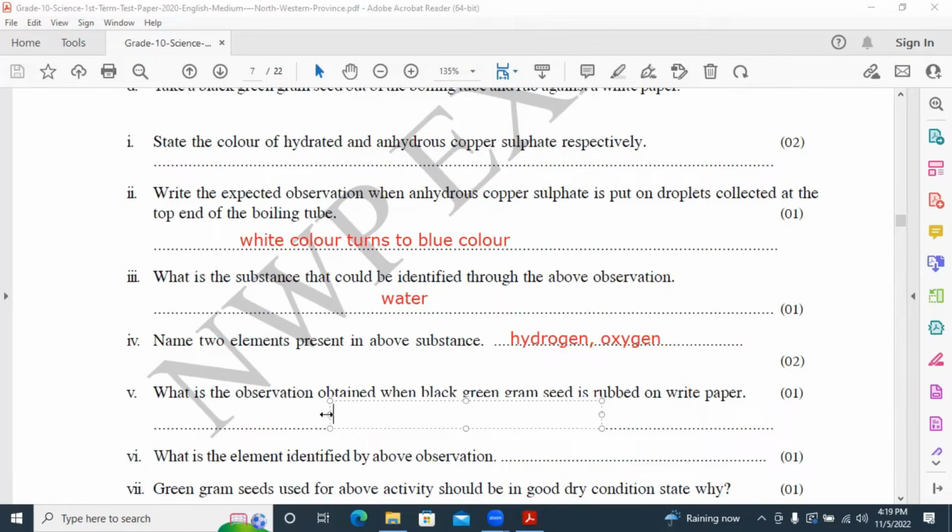You can see black color lines on the paper. What is the element identified by the above observation? The answer is carbon. That is why we can see the black color lines.